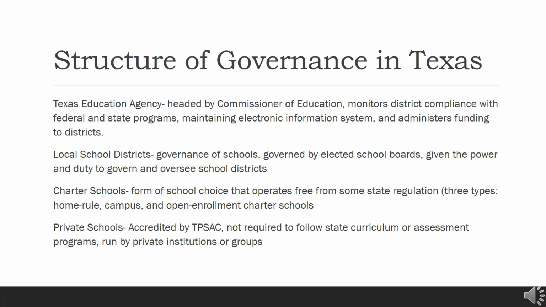Local school districts, in Texas known as independent school districts, with the exception of those that are consolidated, a mixture of several districts into one, or the lone municipal school district that has dual governance between a school board and city council. We also have charter schools in Texas and private schools that provide educational services.